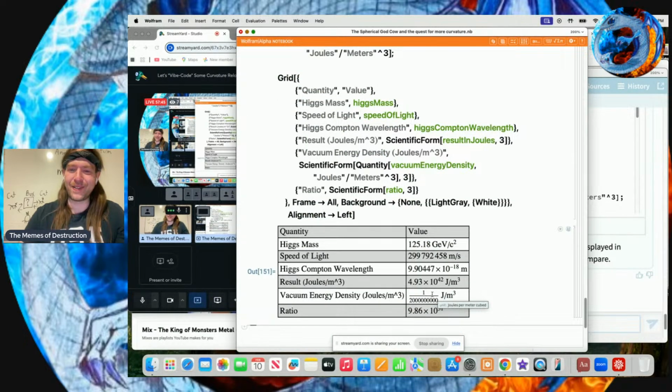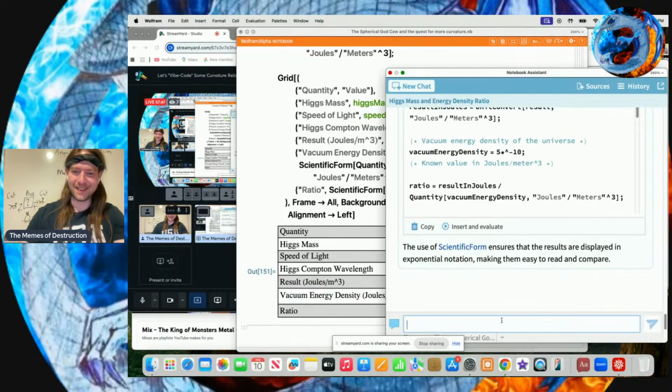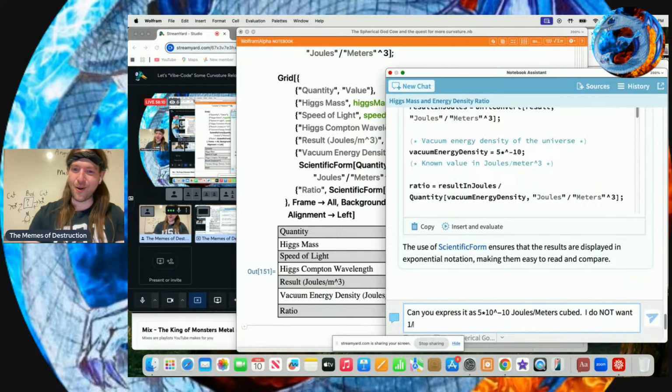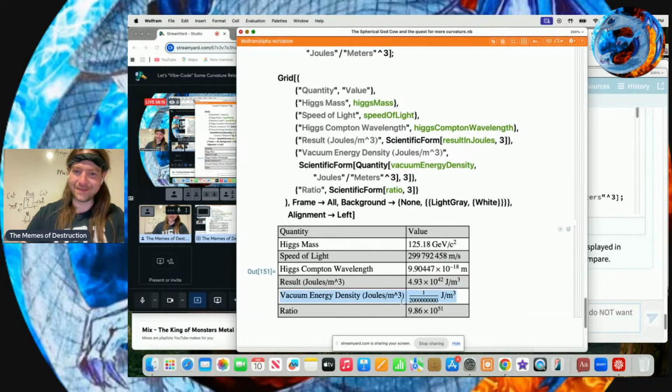I don't want 1 over 200,000. Can you express it as 5 times 10 raised to the negative 10 joules divided by meters cubed? I do not want 1 over, what's that, 200,000.